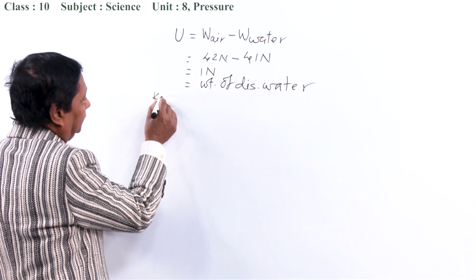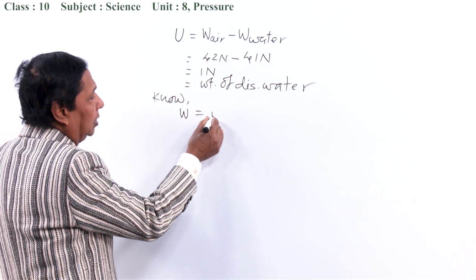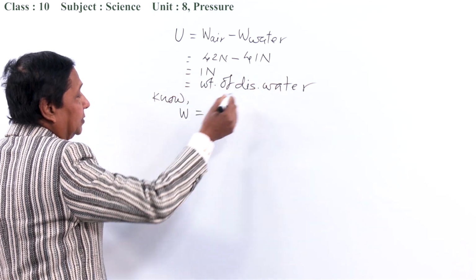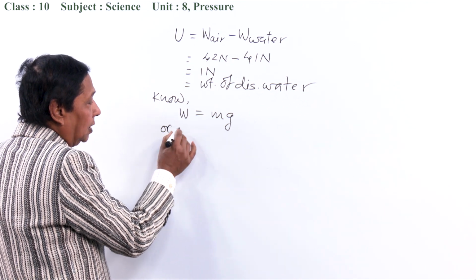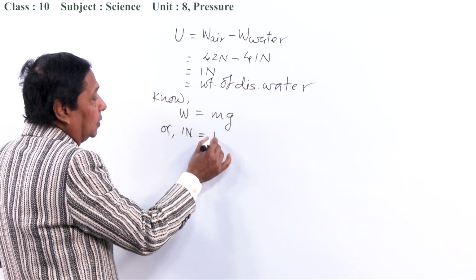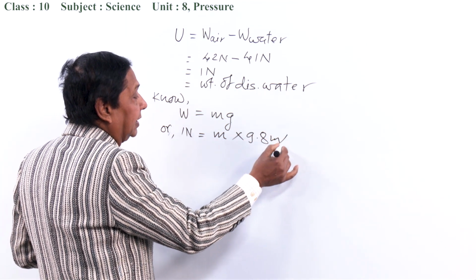Now we can use the equation W equals mg. Weight of displaced water is 1 Newton, so 1 Newton is equal to m into g, where g is 9.8 meter per second square.